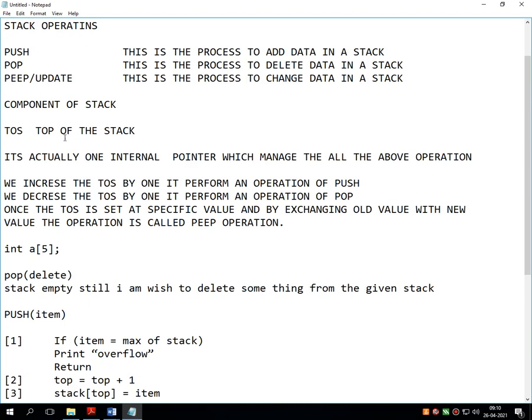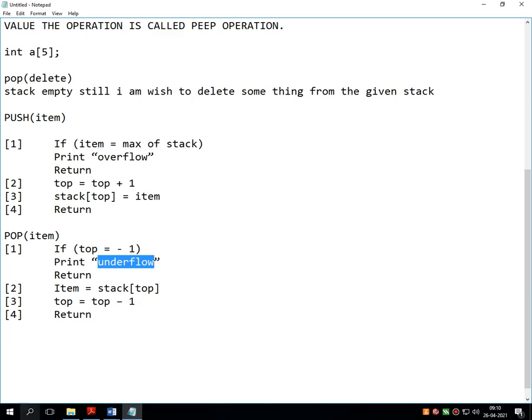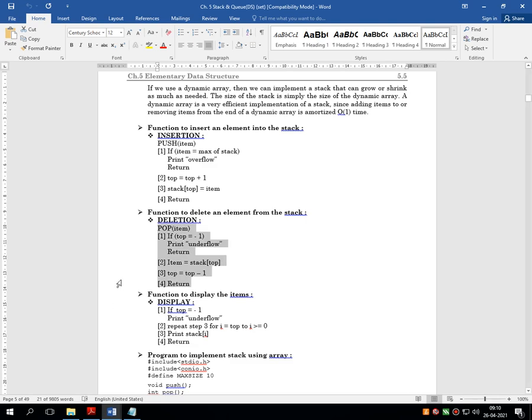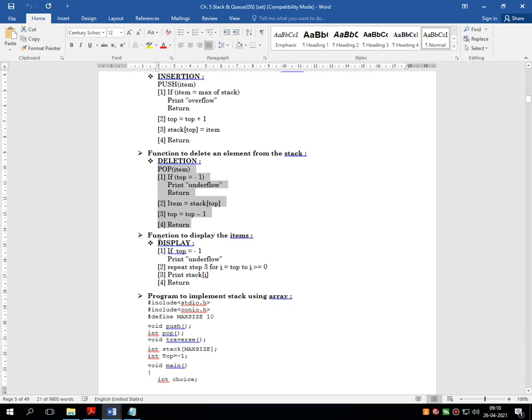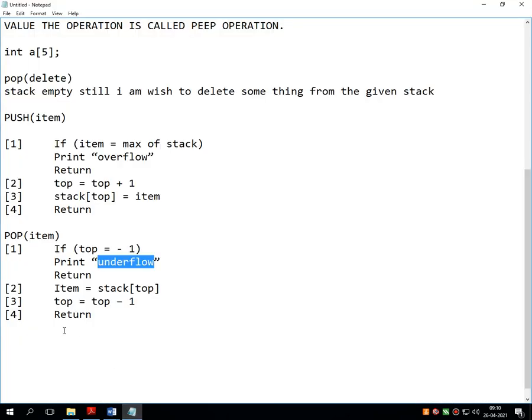The third operation is the operation of pip, or you can say update. In this, step number 1 is what?